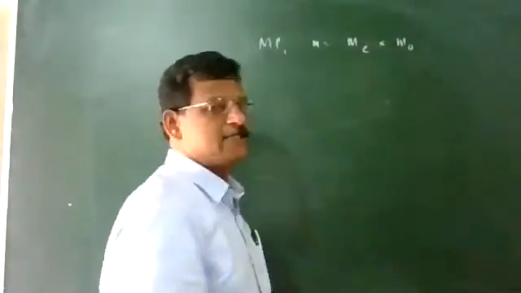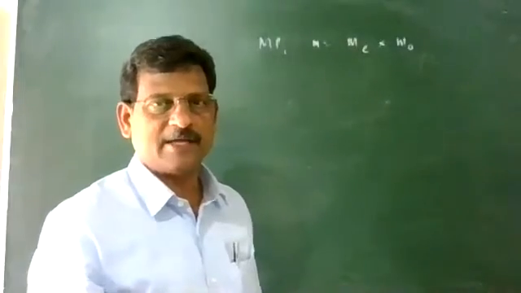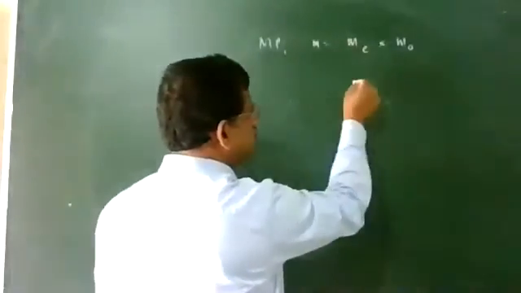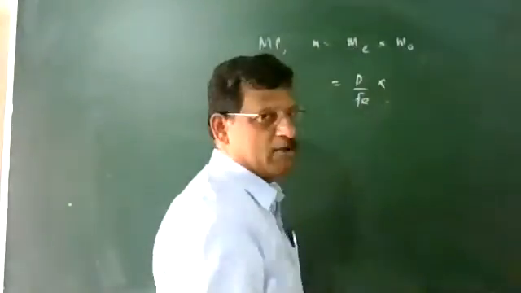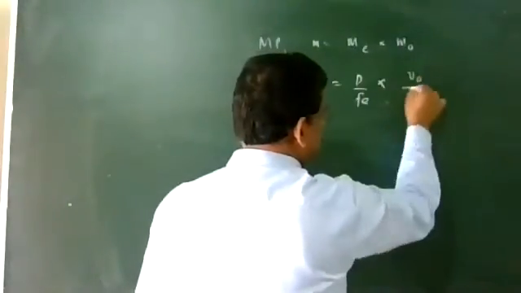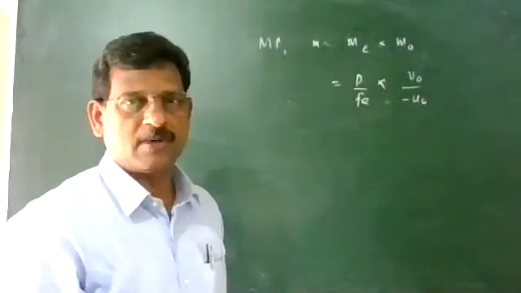So when the image is formed at infinity, the eyepiece acts as a simple microscope with magnifying power D by f e, into M naught, which is v naught upon minus u naught. So this is the magnifying power when the image is formed at infinity.